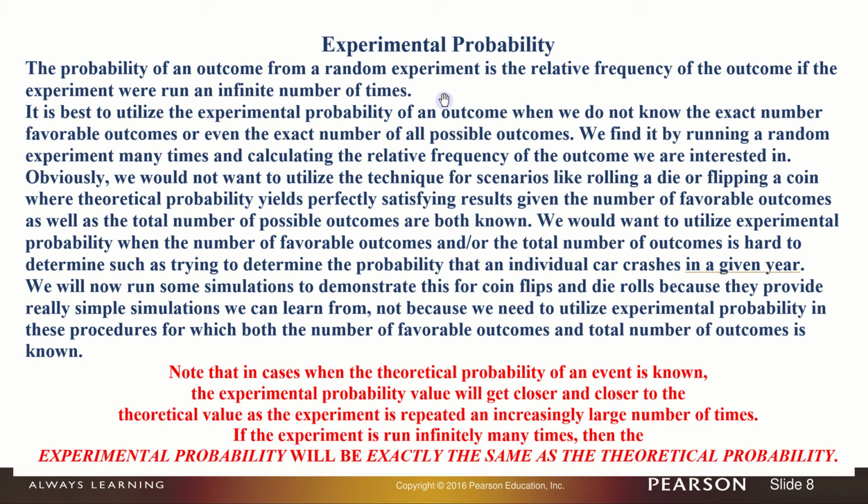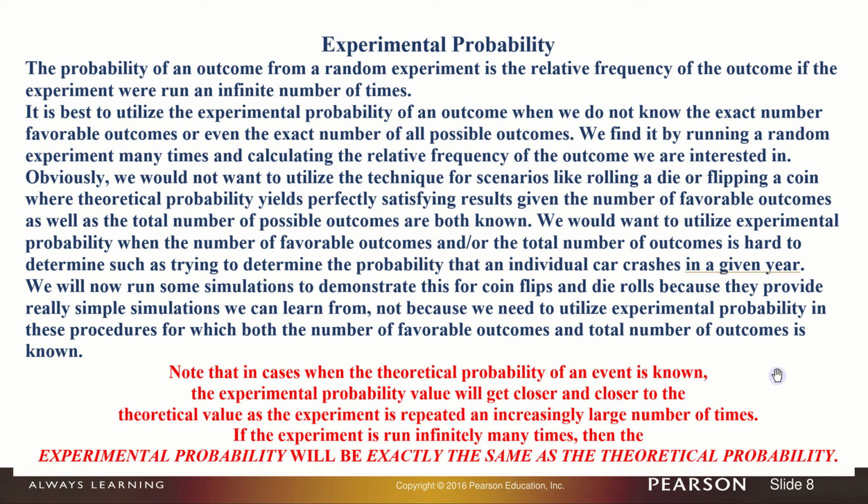Now, the really important thing to understand is that if you have the time and resources to run the procedure infinitely many times, and if it's a procedure for which the number of favorable outcomes and the number of total possible outcomes may be available to you, then the experimental probability will approach the theoretical probability value that you would have had.